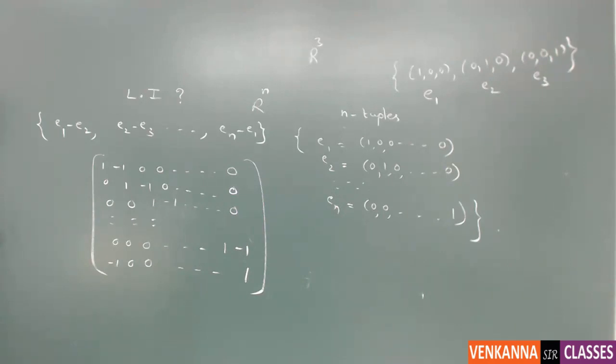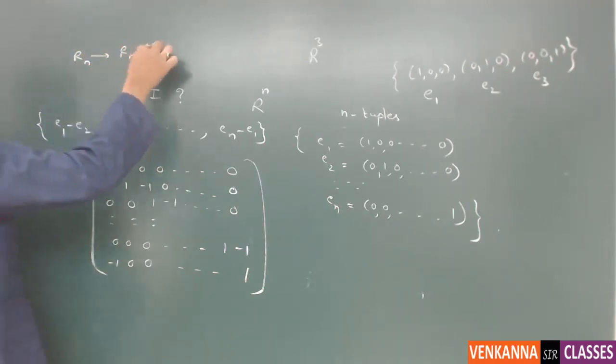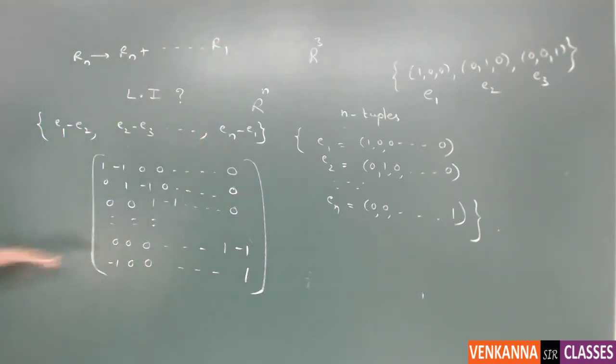Now, you are going to calculate the determinant by considering any row or column, as we know the properties of determinants and how to evaluate them. So on this last row, I am going to apply the operation Rn tends to Rn plus all the previous rows. I am adding all the rows together to Rn.